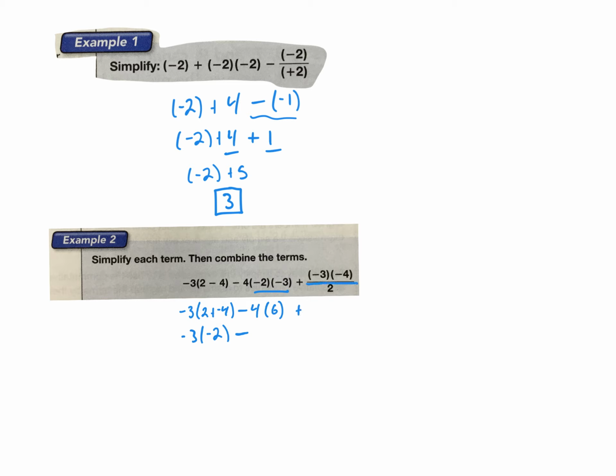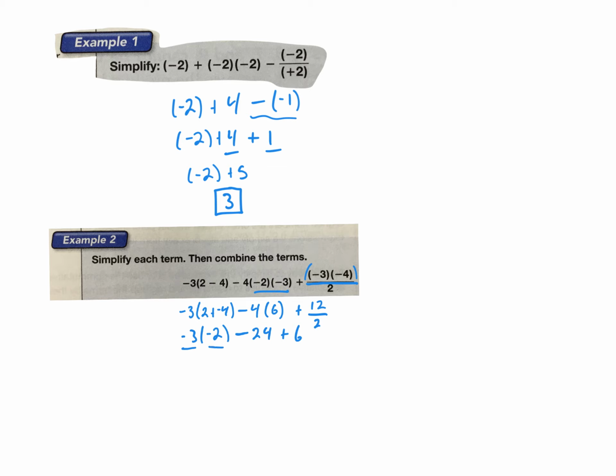Plus, this is a grouping symbol, so I'm going to do everything on top first. So on top is going to be a 12, because 3 times 4 is 12, and they have the same sign. On the bottom is a 2. Moving down a little bit further, this 4 times 6 is 24. And then 12 divided by 2 is 6.